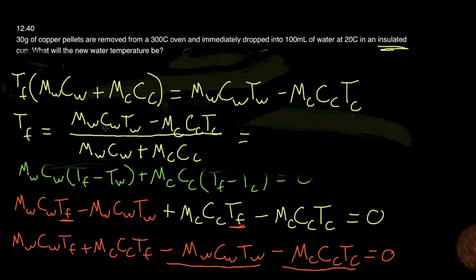We know the mass of the water, the specific heat of the water, the initial temperature of the water, the mass of the copper, the specific heat of the copper, the temperature of the copper. And so we know this whole side. And it turns out when you plug all those numbers in, what comes out is 28 degrees Celsius. And so the water is going to increase to 28 degrees C, and the copper pellets are going to decrease to 28 degrees C. And so that's problem 12.40.